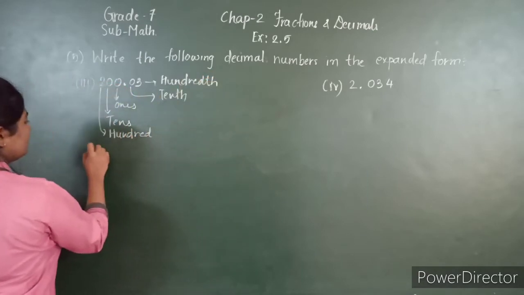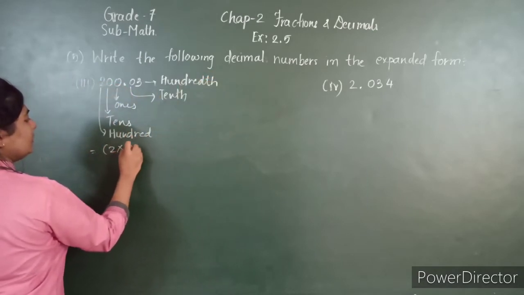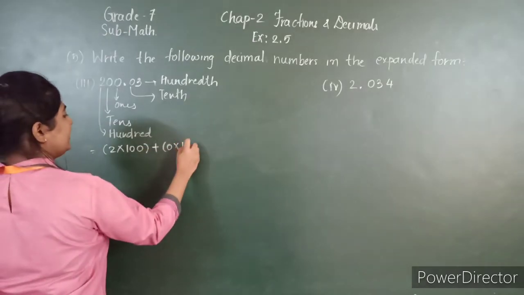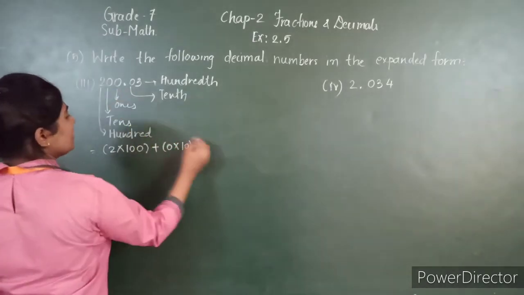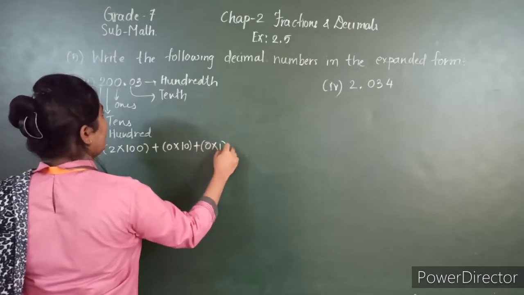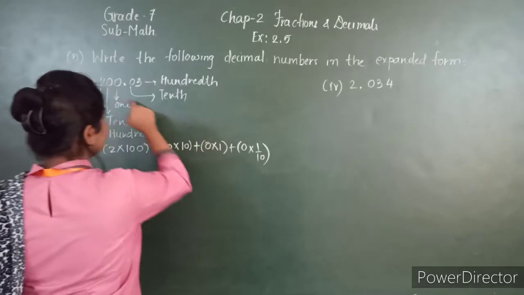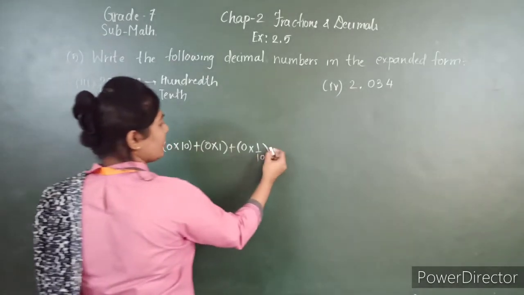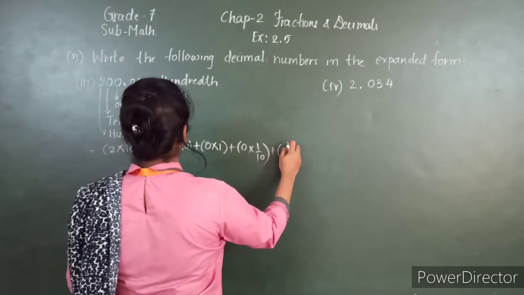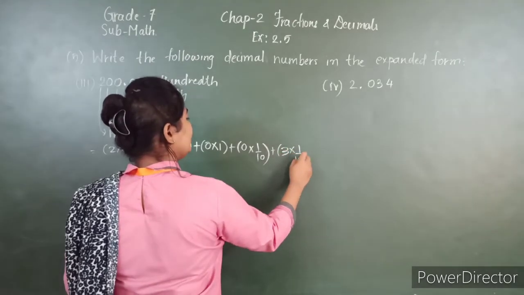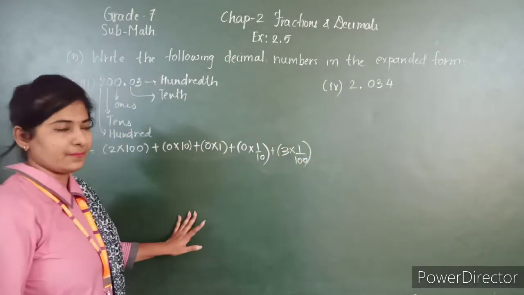So here 2 into 100 plus 0 into 10 plus 0 into 1 plus, after the point, 0 into 1 upon 10, then 3 into 1 upon 100.